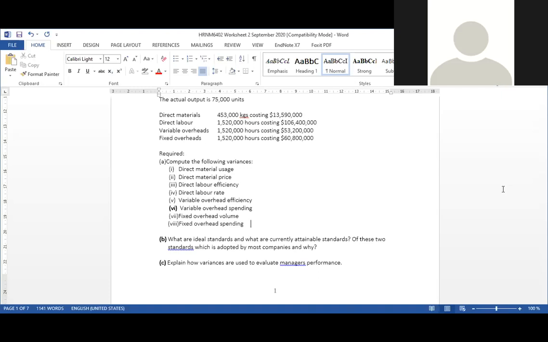Earlier you spoke about high performance cultures. I think the currently attainable standards are really based on high performance because they focus more on efficiency and the fact that you have to work to achieve the level of performance required.